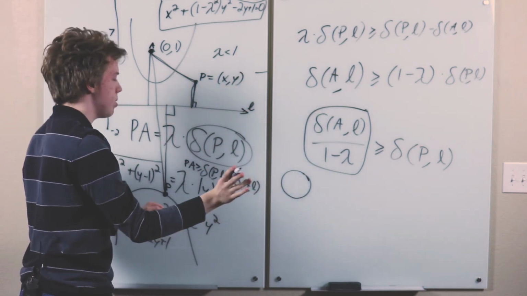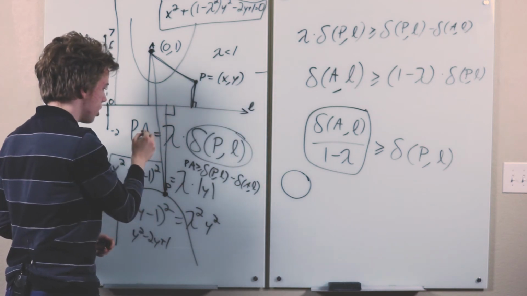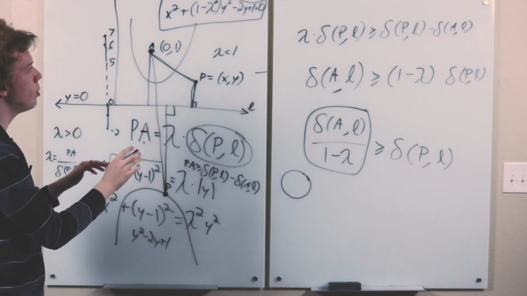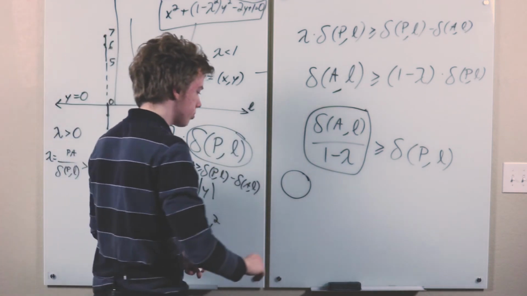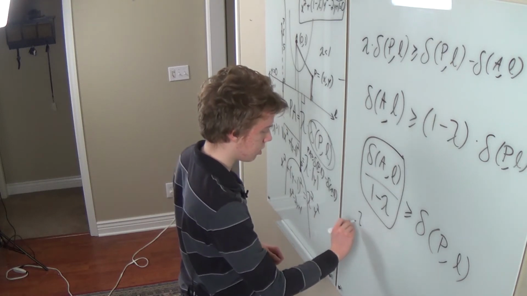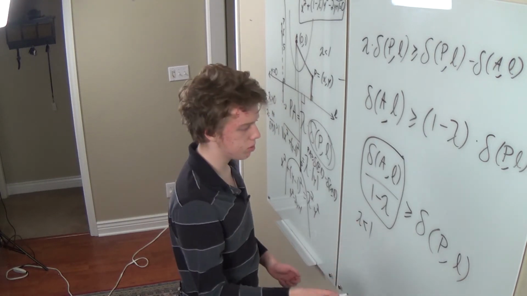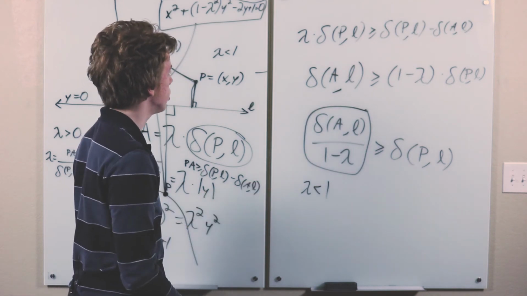Something nonsensical. But it turns out that that's a valid conic section. So pretty much almost all conic sections have this locus definition. So anyway, in this lambda less than 1 case, we get the ellipse. And this isn't a formal proof, but it just shows you what's going on.